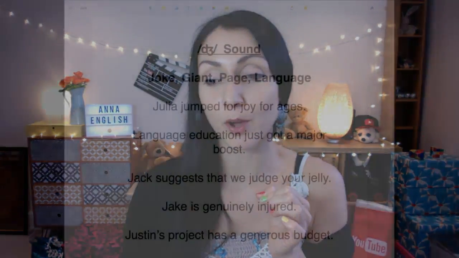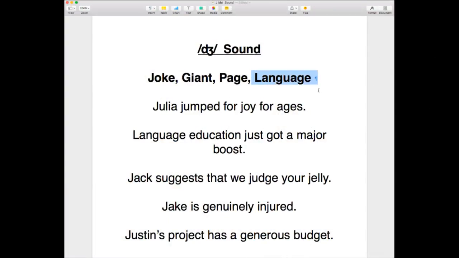And then finally, a word that you'll probably say quite a lot while you're learning English is the word language. Now, this letter and this letter represent completely different sounds. This represents a G and this represents a J. Language.